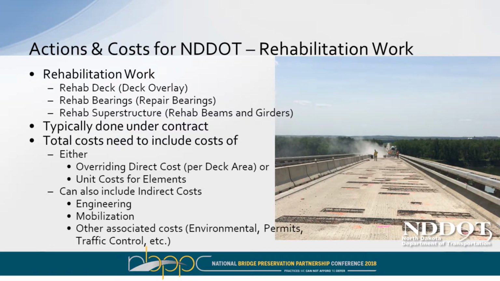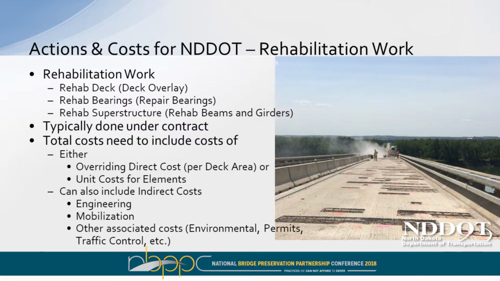If it's contracted, again, the other costs that we talked about. Rehabilitation work, those types of work, we typically do under contract, and those costs need to include either overriding deck cost or unit cost for the elements.